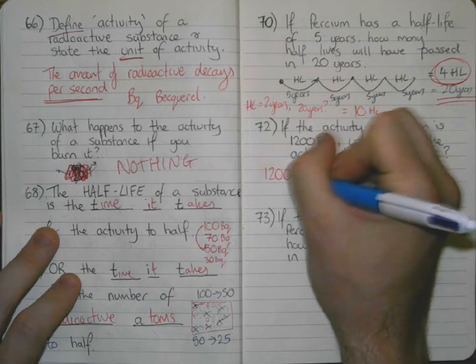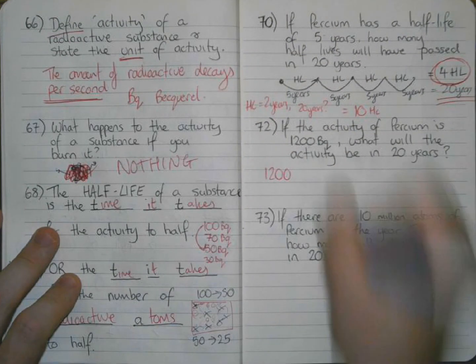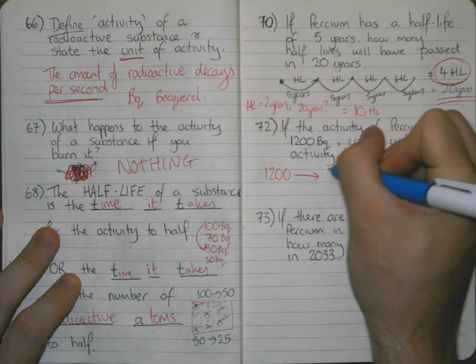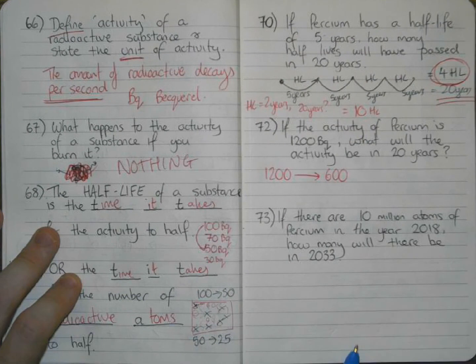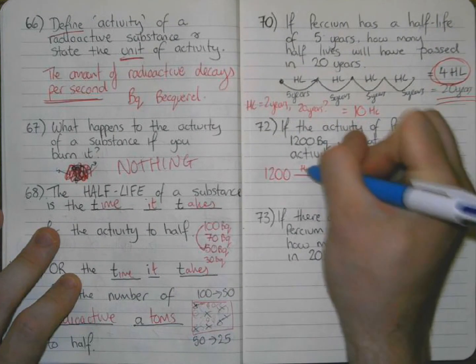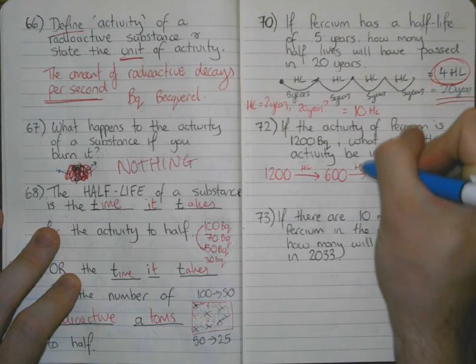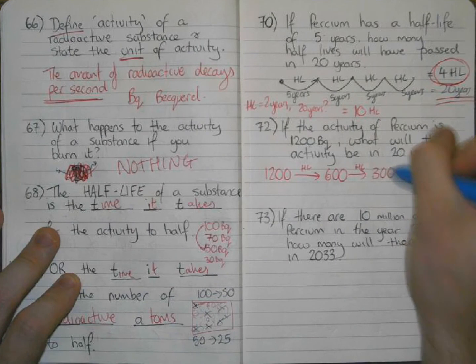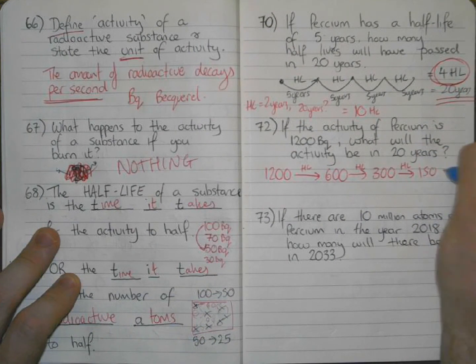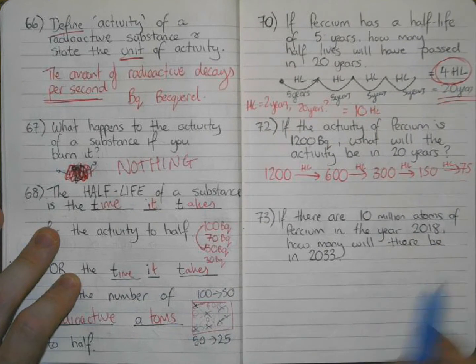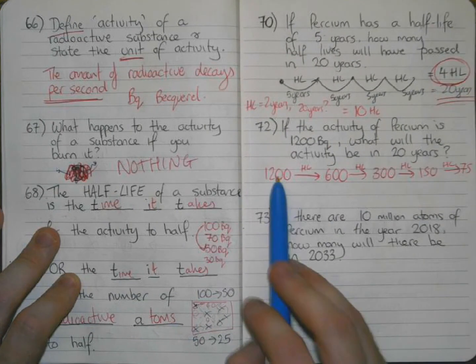Okay, so we start with 1,200 and then we have 1 half-life which halves it to 600 becquerels. So that's 1 half-life. 2 half-lives takes it to 300. 3 half-lives takes it to 150. 4 half-lives takes it to 75. So 4 half-lives will halve it 4 times.